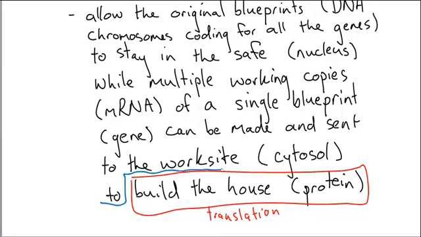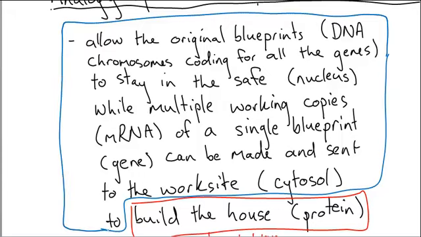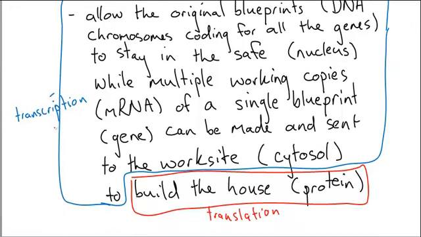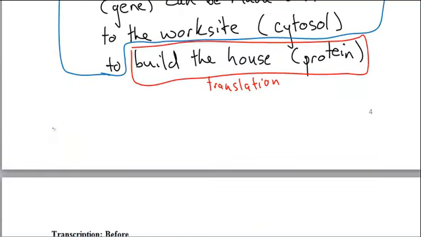And if you were to make copies of all of your blueprints in the body, the entire chromosome, that would be replication. So this is transcription. And just remember, if you're getting confused between these words, transcription, translation, replication, remember the order we learned the processes in, because we learned them in alphabetical order. Okay, so replication first, transcription second, translation last.